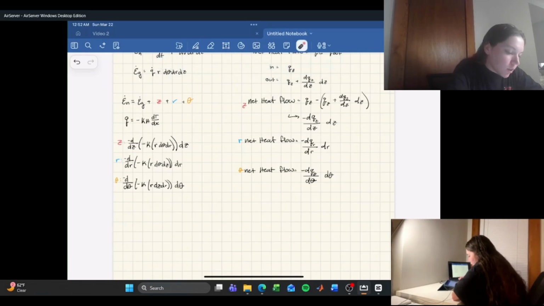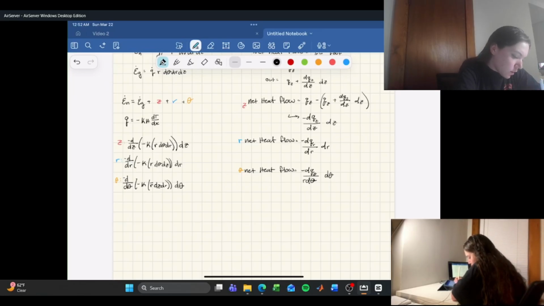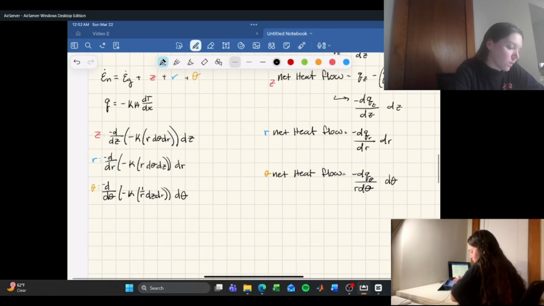Here, this net heat flow, I need to get it out of polar coordinates. So this d theta term down here, we have to multiply it by r. So this makes this 1 over r in this equation. And also I forgot this dT, the change in temperature over the change in position.